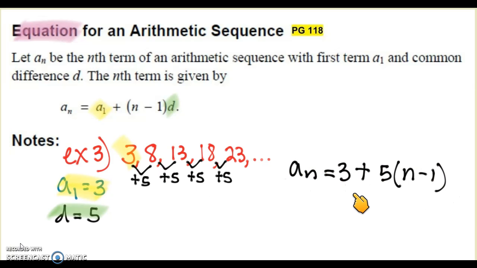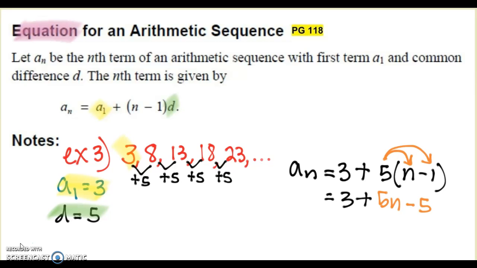But first, I want to simplify this, which means to reduce the equation or to rewrite it in as small terms as possible. So hopefully we remember the distributive property, although we haven't done it in a while. If I take that 5 and multiply it by the n, that's 5n. And if I take this 5 and multiply it by the minus 1, it's negative 5. And then I can bring down my 3.